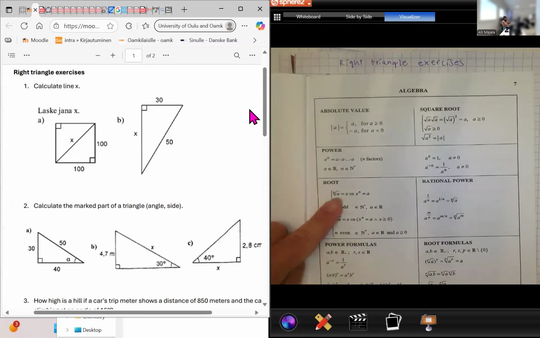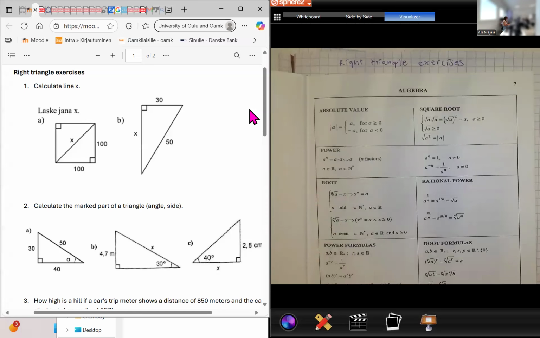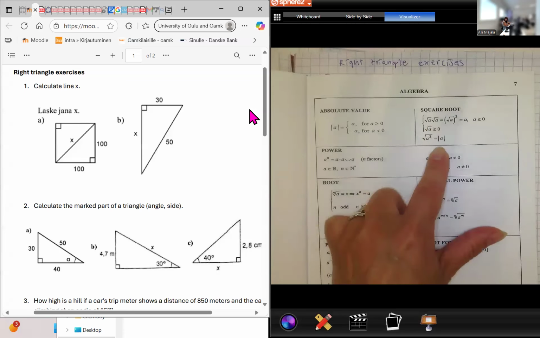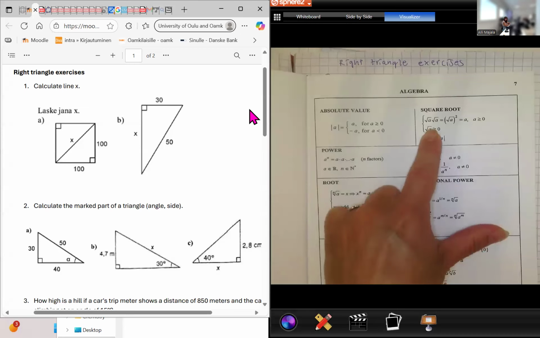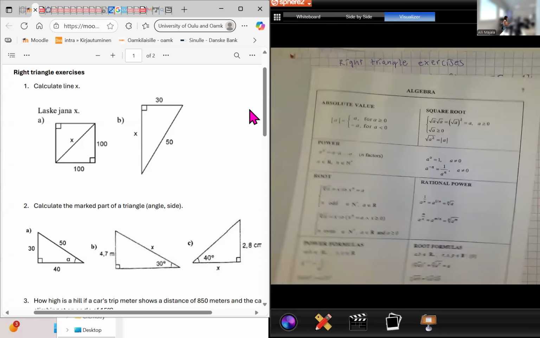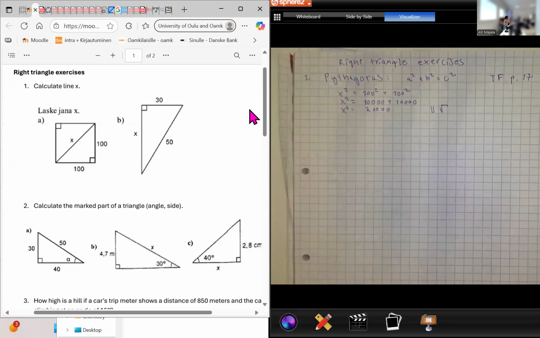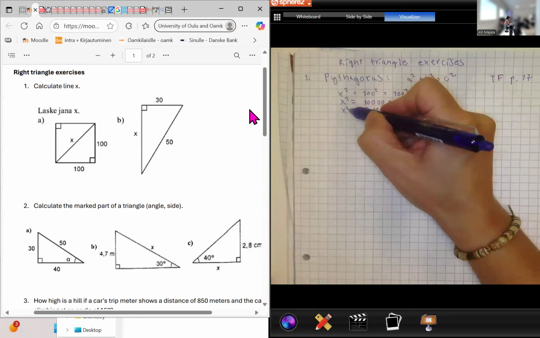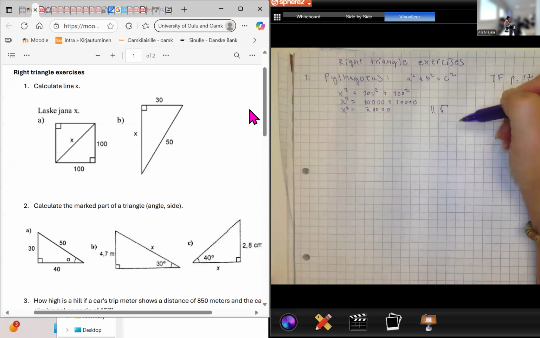You don't need to put it. So these are inverse operations, taking the square root and raising to the power of 2. Yes? So if I want to kill that power there, I have to do it with the root.